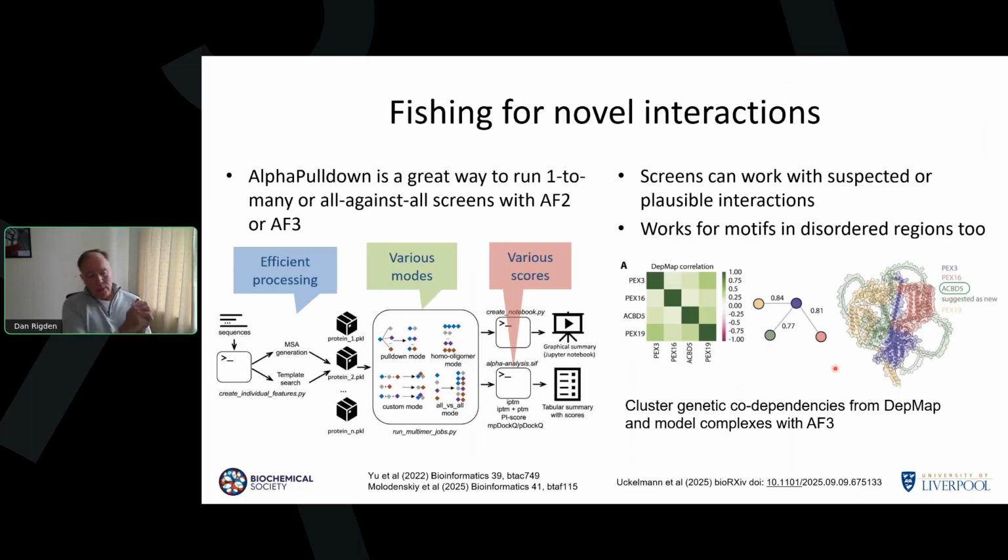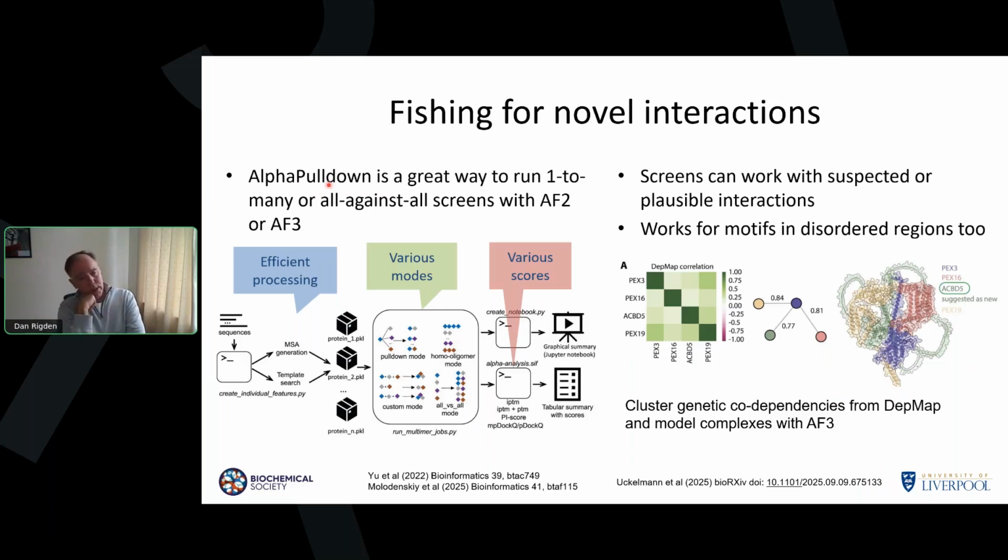If you're in a position of wanting to ask, do these proteins interact? I've got a bunch of proteins in the same cellular compartment. Do those proteins interact with each other? For questions like that, a really great piece of software is called AlphaPulldown. I like it because the name actually gives you an idea as to how it works.